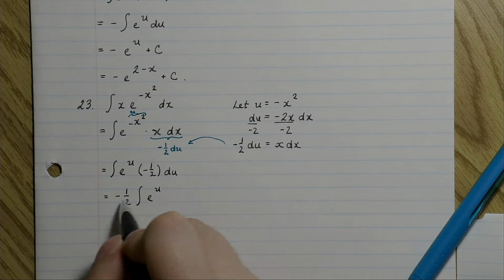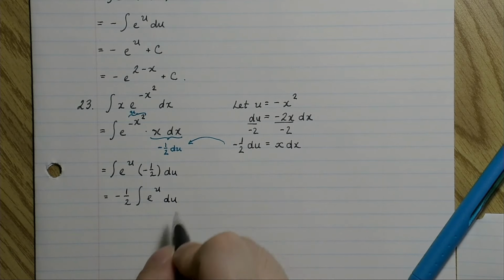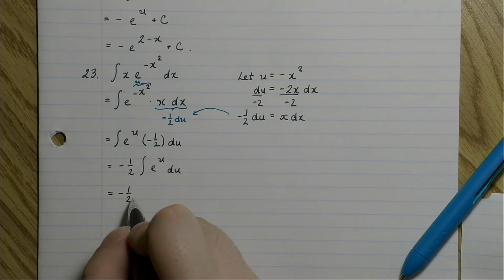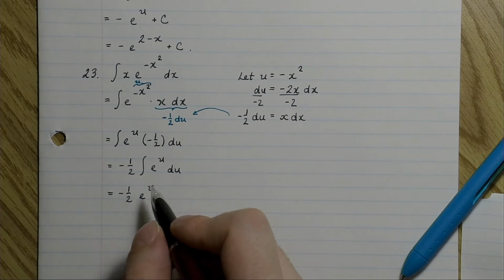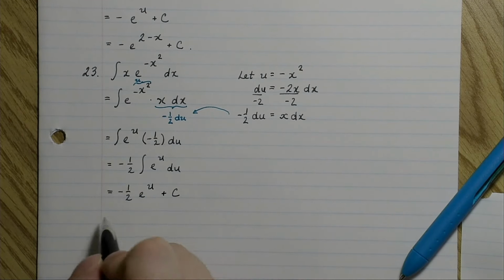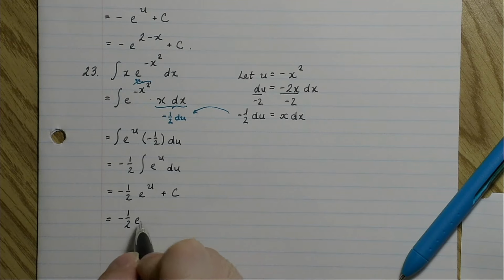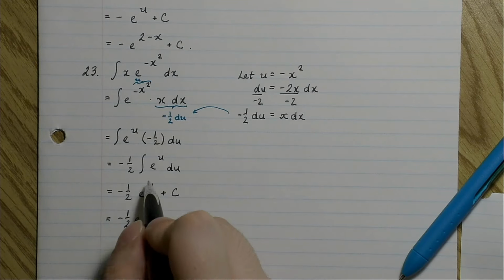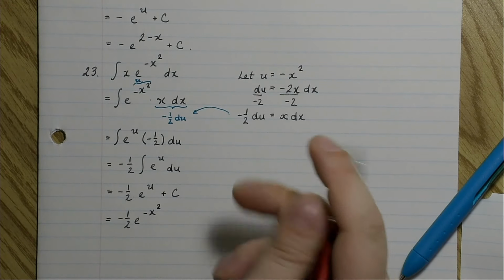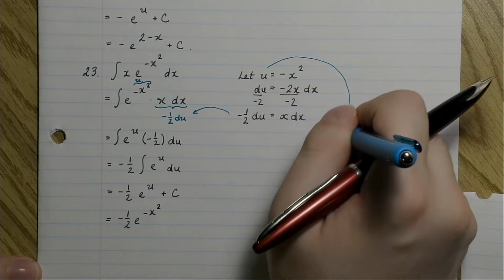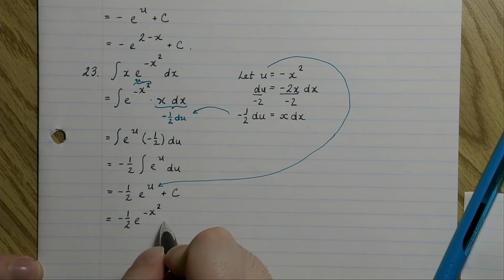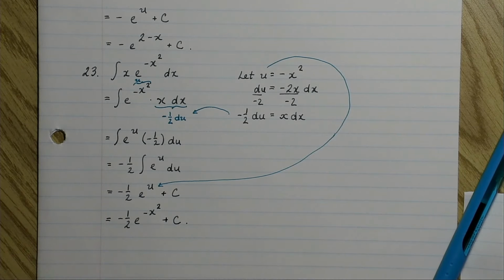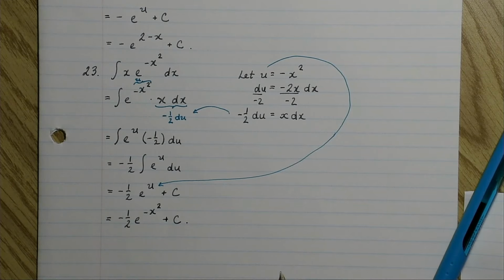And I'm going to pull out that minus a half in front. And integrating that, e to the u is still e to the u plus a constant. And now I'm just substituting back in what I originally had for u. Plus a constant. So 23. And I match. Good.